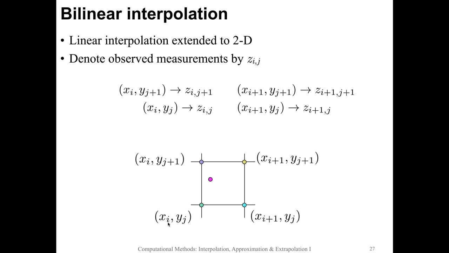Each point xi, yj can have a corresponding z value, also indexed by i and j, to represent its value. So here's zij, the measurement that we associate with xi, yj here, and this measurement here, zi, comma j plus 1, will correspond to this location here.